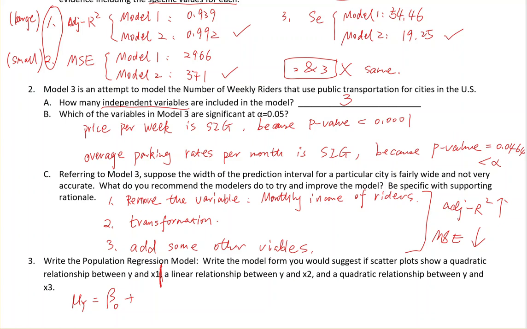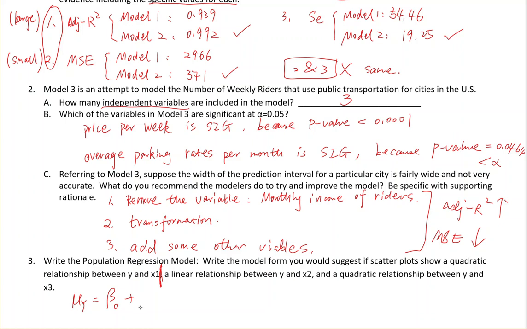But remember in the chapter video, I said if you want to add a kind of transformation term into the regression, you need to add the original variable into the regression first, right?